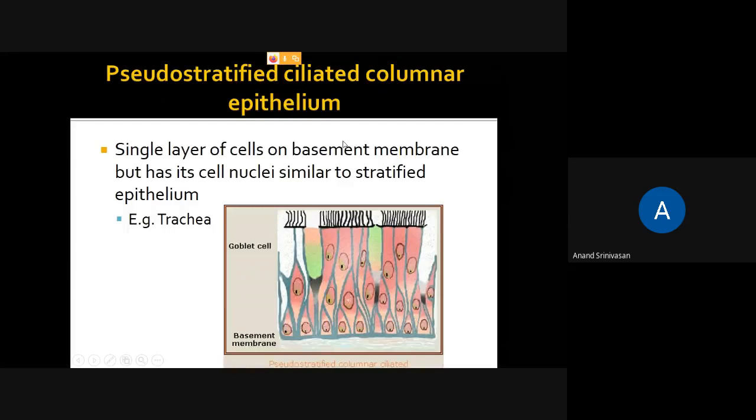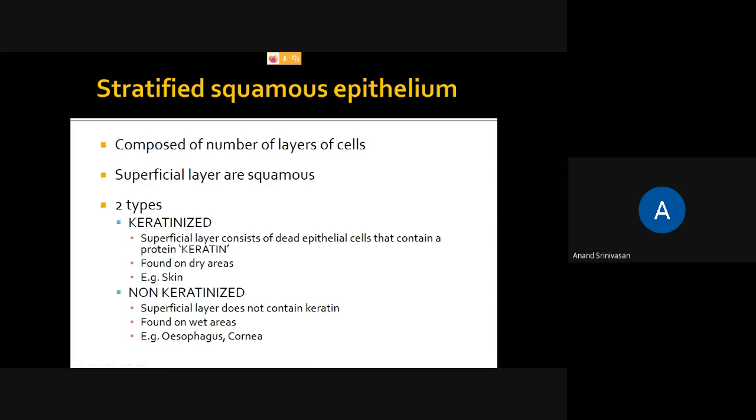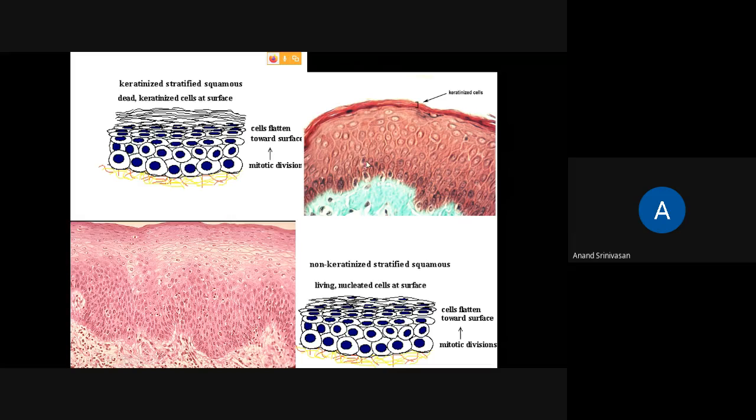All right. Now, stratified epithelium has two parts, keratinized and non-keratinized. In the stratified squamous, look at the topmost layer. The topmost layer is flat, so this is stratified squamous epithelium. If there is a pink layer on the top without any nucleus, that is the keratin, so this is stratified squamous keratinized epithelium.